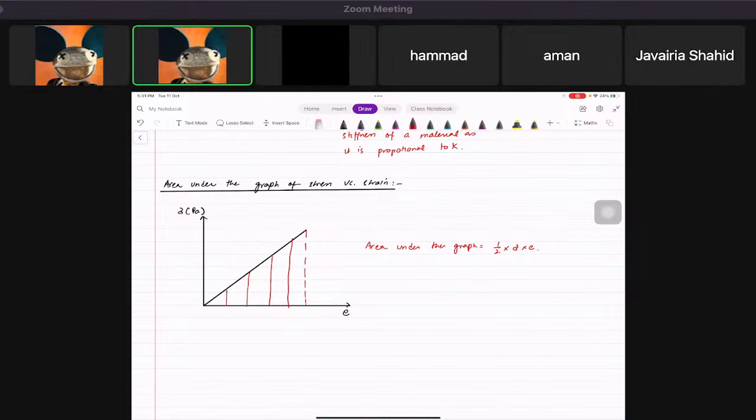Now, previously in this chapter, we have learned two things. We have basically learned that elastic potential energy is equal to half times force times extension, right?